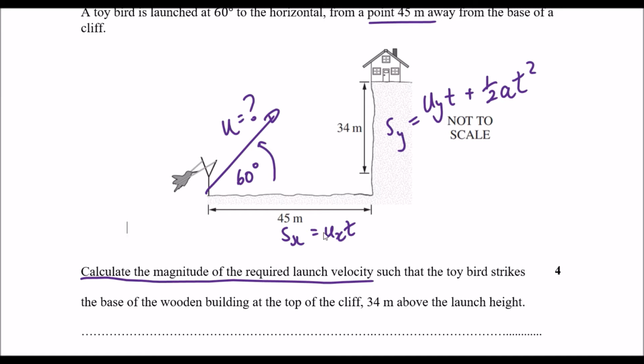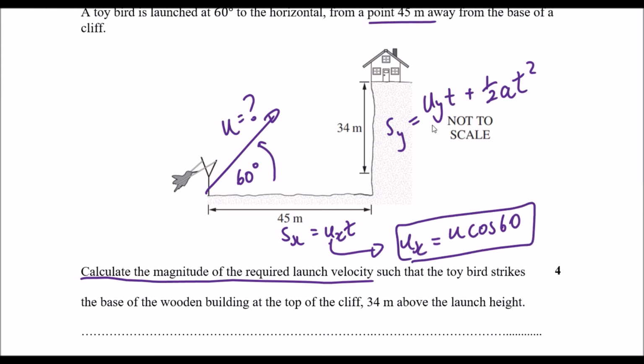So what we're going to try and do is, we also know that Ux is expressed as, in this case, U cos theta, which is U cos 60. And we also know that Uy can be expressed as U sin 60 degrees.